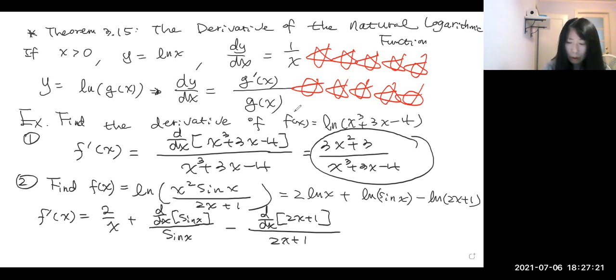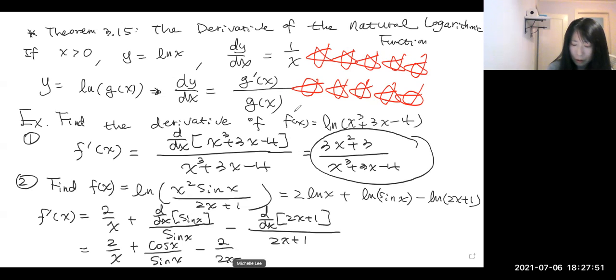Okay, so let us finish this one. So this is 2 over x. And then the derivative of sine x, what do you get? Cosine x. Cosine x over sine x, minus the derivative of 2x plus 1, 2, over 2x plus 1.